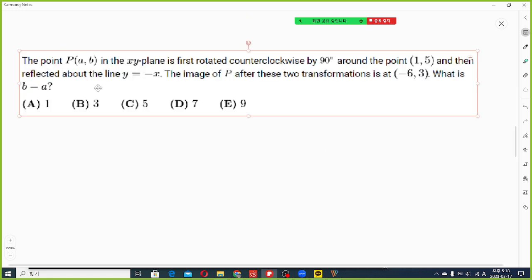Yeah, so we want to find the original point. So that means we are going backward. There are two types of transformation here, and first one is rotation, and second one is reflection. But because we are going backwards, we are going to apply reflection first.